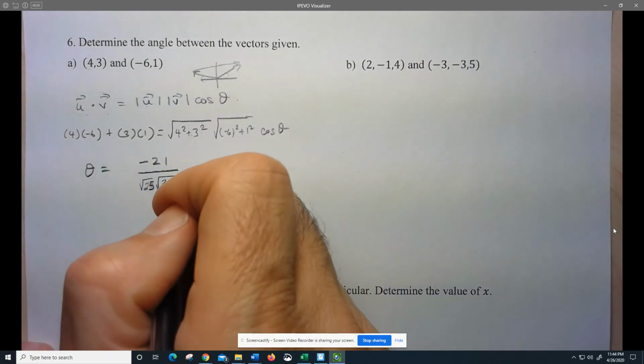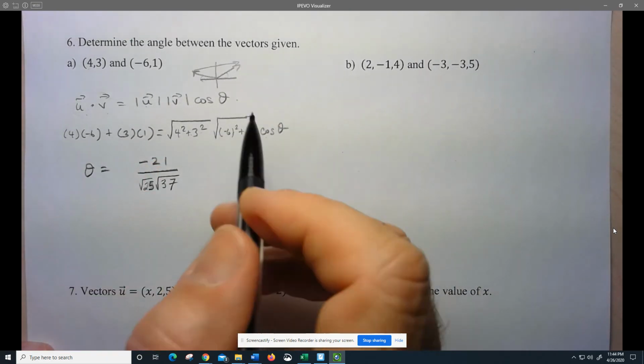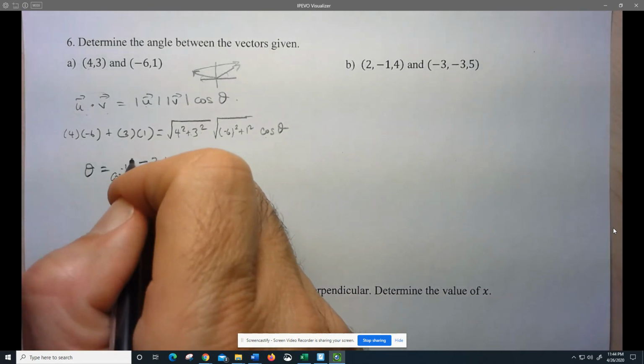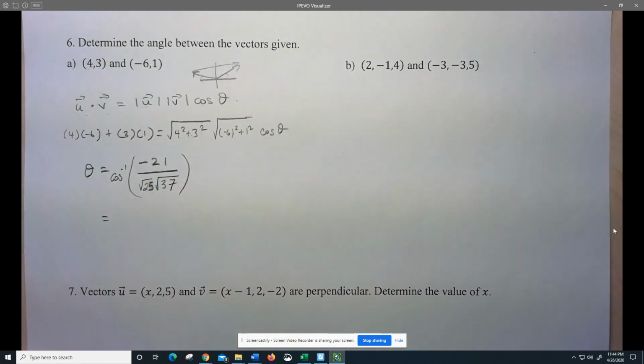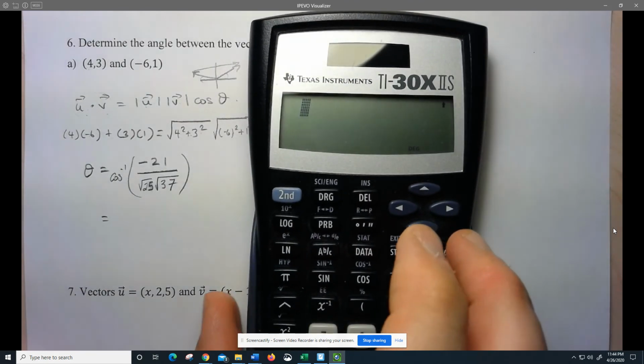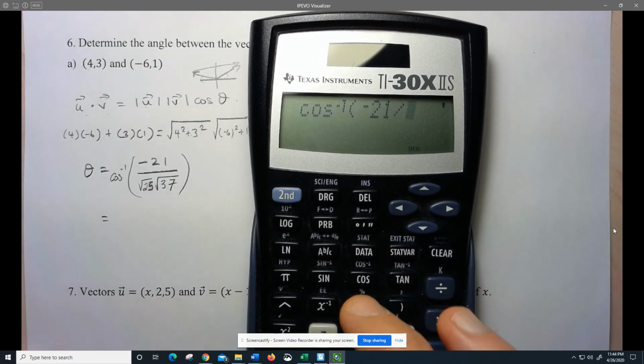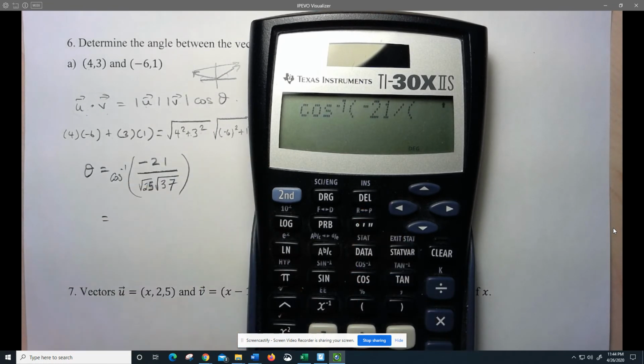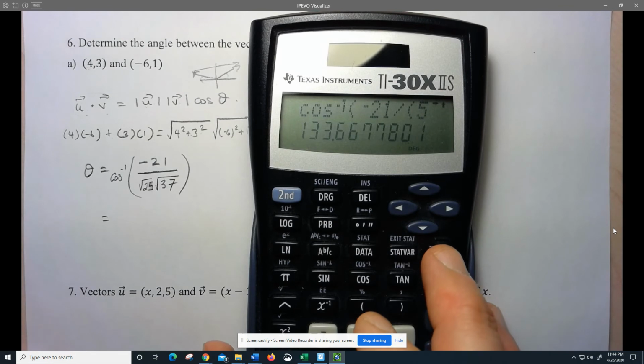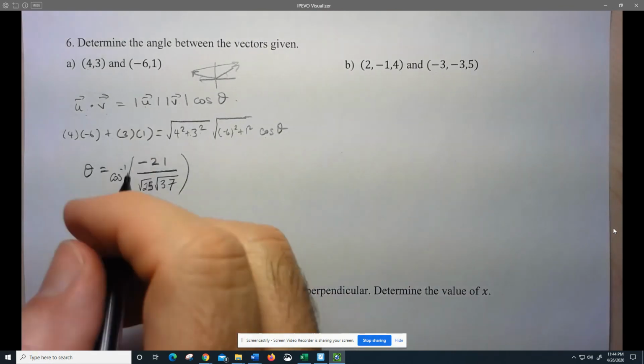This is definitely 37. And of course, the last step is to take cos inverse of all this. Okay, so let's get our trusty calculator and calculate that here. So we have cos inverse of negative 21 divided by, I'll open up brackets here, square root of 25 is just 5 times square root of 37. Always better to do all this in one step if you can, and you get 133.7.